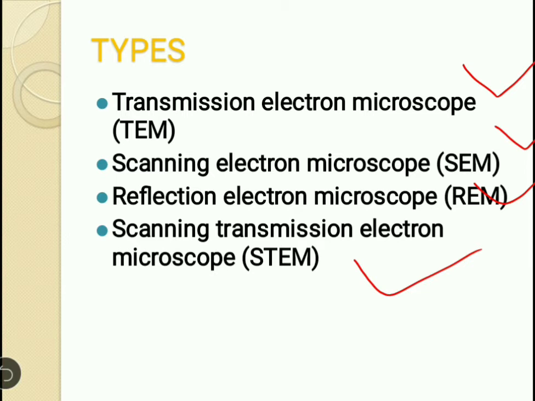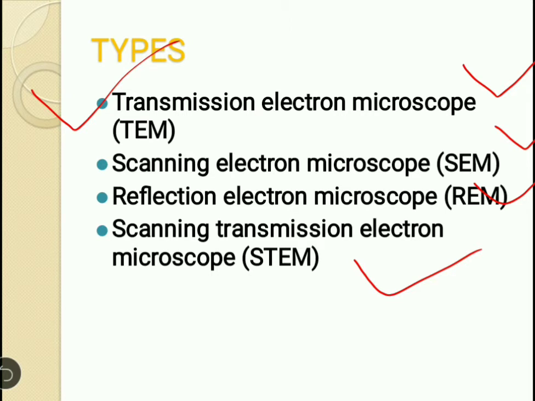In the first one, the name itself says that something is transmitted. The principle is that electrons are projected on the specimen, and we magnify that image and observe it.